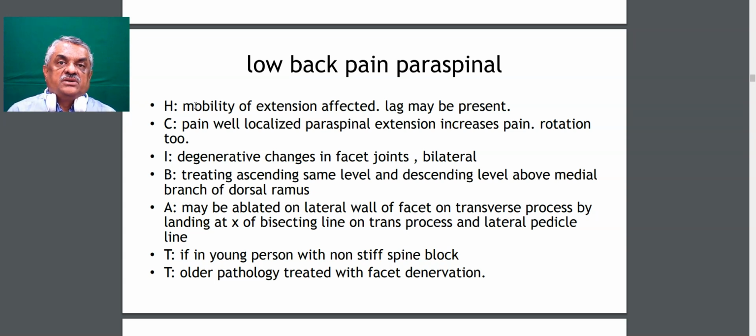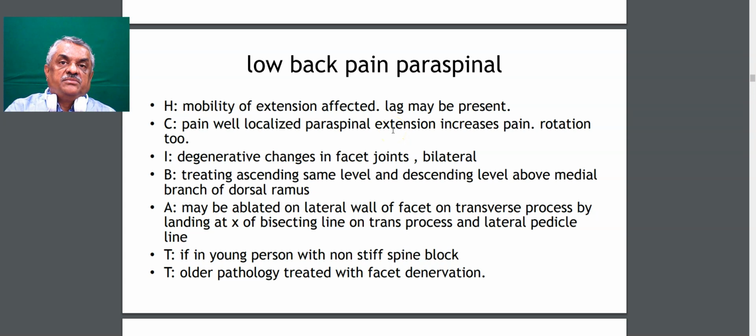That is, you ask somebody to sit in a chair for a long time, and when they get up from that sitting position, you find that they literally have to climb or extend their back, which takes a long time because they have to do that movement in slow motion because of pain or because of neurological inhibition. The pain is well localized paraspinal, increases in extension and rotation.